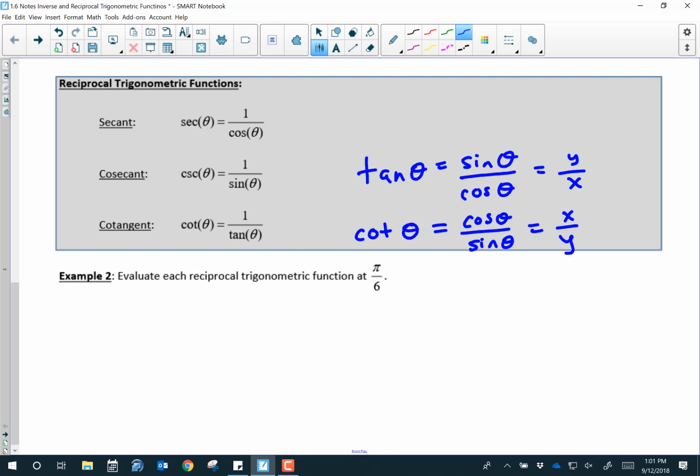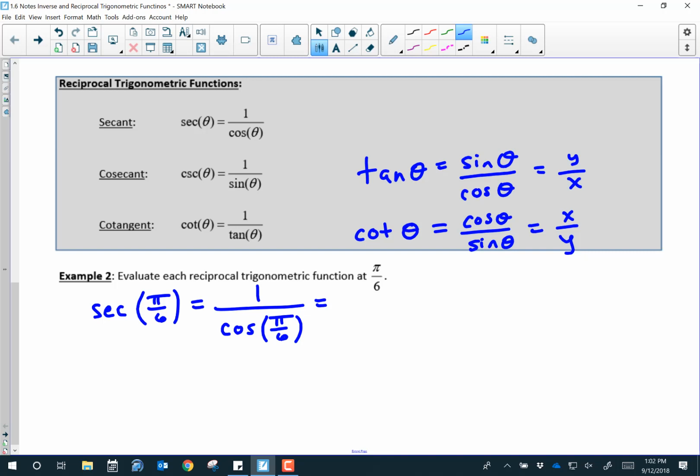Okay. All right, so let's look at example 2 and evaluate each reciprocal trig function at pi over 6. So let's start with secant of pi over 6. So what I would start off doing is say I want 1 over, the reciprocal of secant is cosine. Okay, and so then cosine of pi over 6, that was your last problem set, right?